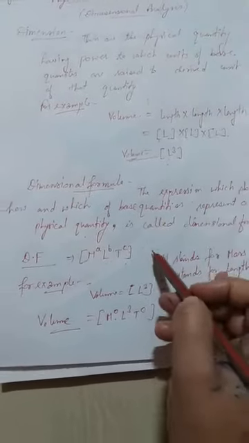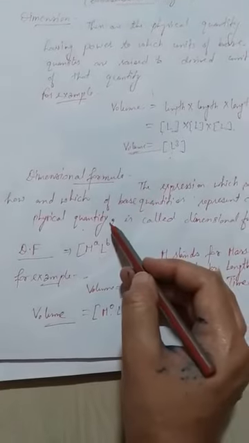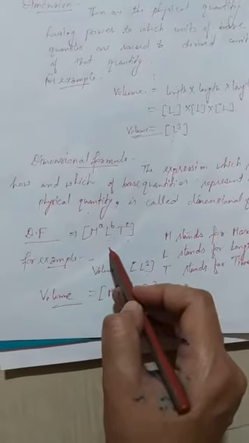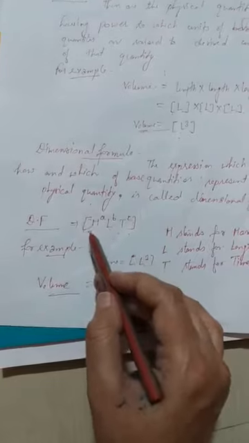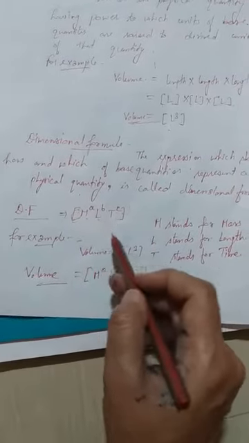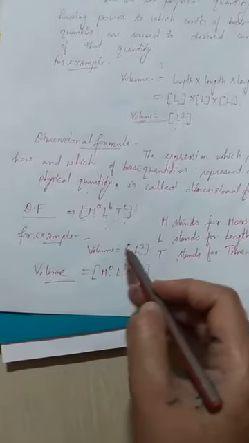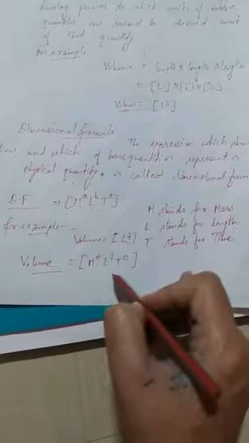Dimensional formula is the expression of a physical quantity in terms of the base quantities. We keep M L T in square bracket, where M stands for mass, L for length and T for time. Taking volume as L raised to power 3, we represent it like this.